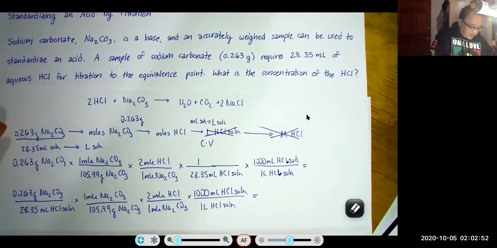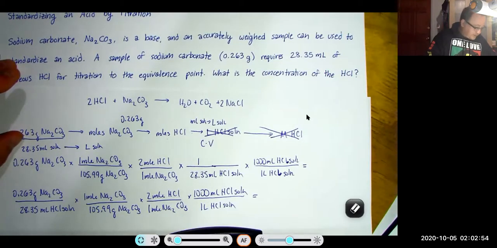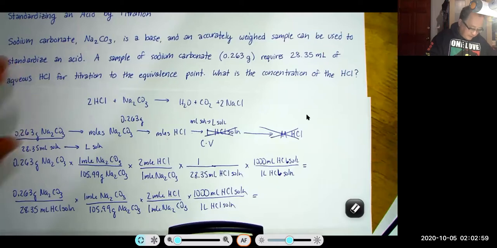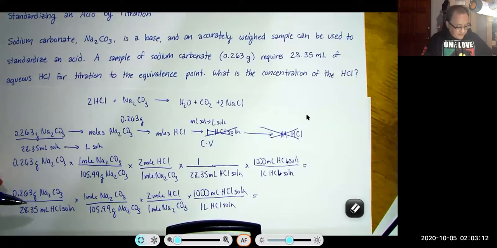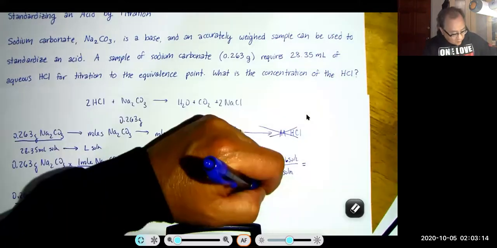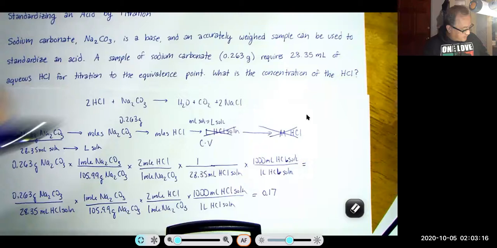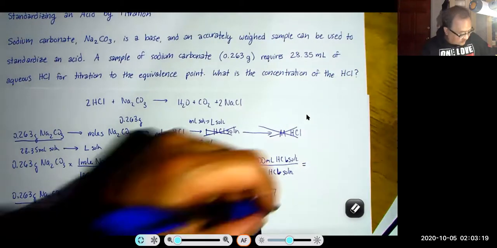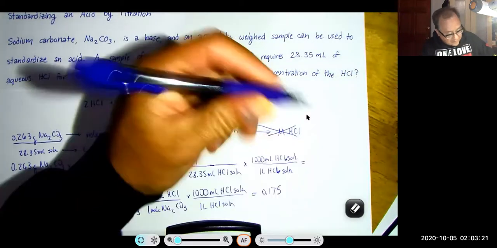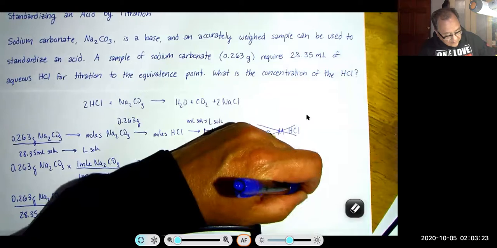All right, so let's see what we get here. Clear. 0.263 times 2 times 1,000 divided by 28.35 divided by 105.99, and we get 0.17 with 3 sig figs, molar, for 28.35 milliliters of HCl solution.